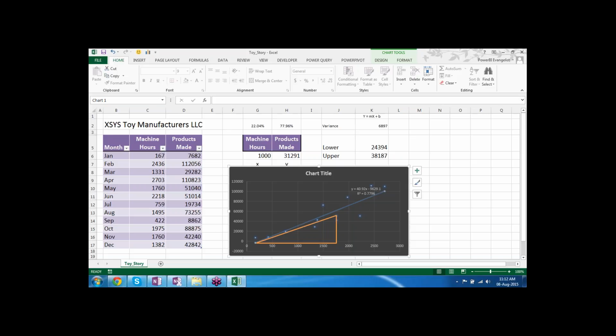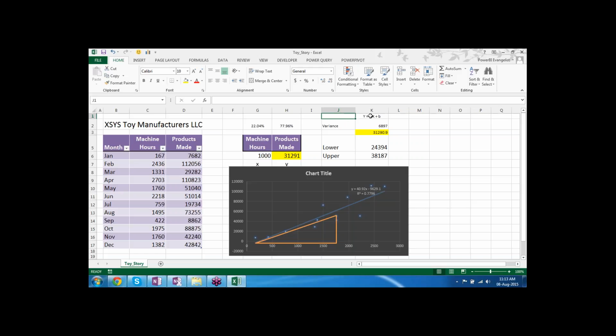If I come here and say equals 40.92, which is my slope, multiplied by 1000, which is my product, minus 9629, which is my intercept, 9629.1, and press enter, I can see that this number and this number are absolutely accurate and the same. So whatever forecast has been done, the forecast has used the linear regression method, and it has calculated the intercept and the slope.